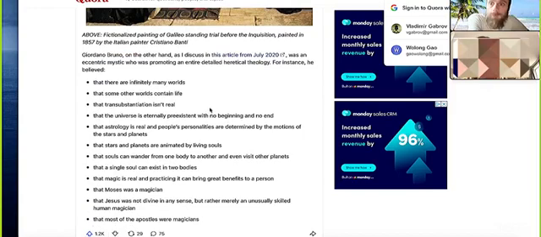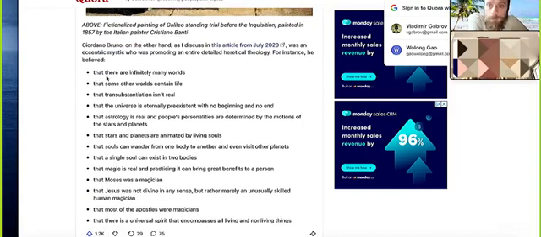Wow, interesting. Bruno had many other ideas that got him in trouble. There are infinitely many worlds. Other worlds contain life. The universe is eternally pre-existent, with no beginning and no end. Well, that's Indian philosophy.